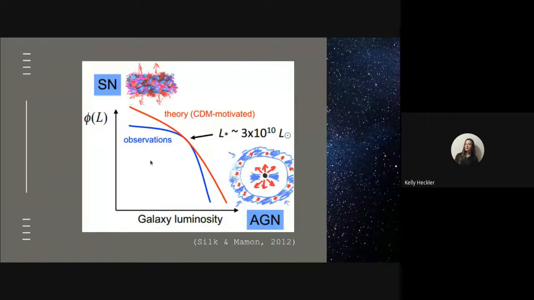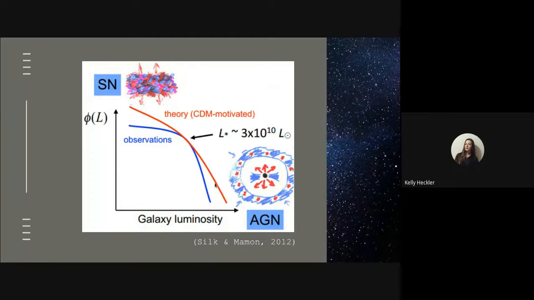We have here the luminosity function predicted by the cold dark matter model in red, and in blue the observed luminosity function. As you can see, there is a discrepancy at the two ends of the luminosity function of galaxies. In low luminosity galaxies, supernova feedback plays an important role, and it can explain the discrepancy between the model and observations.